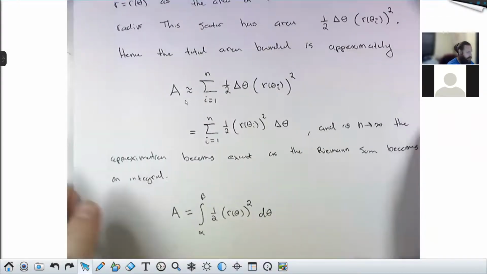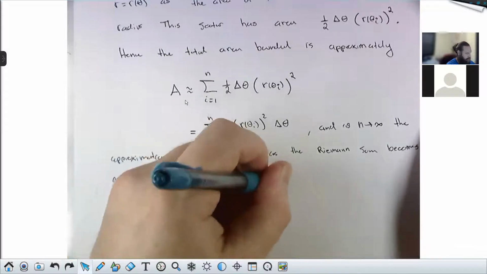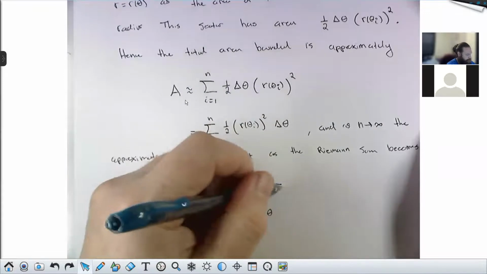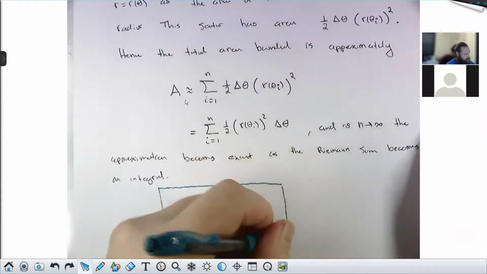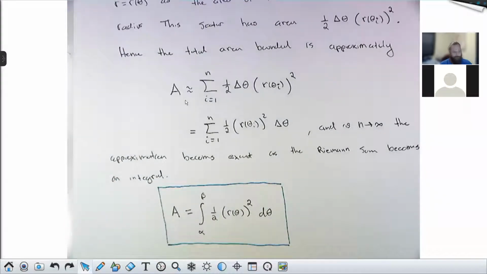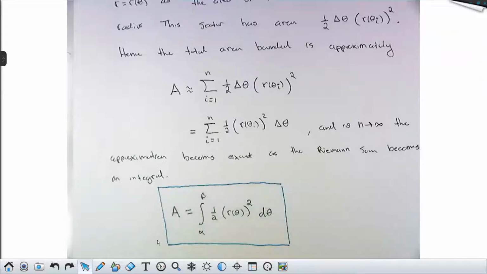This is the piece you need to remember. Questions on the work we do leading up to this integral formula?